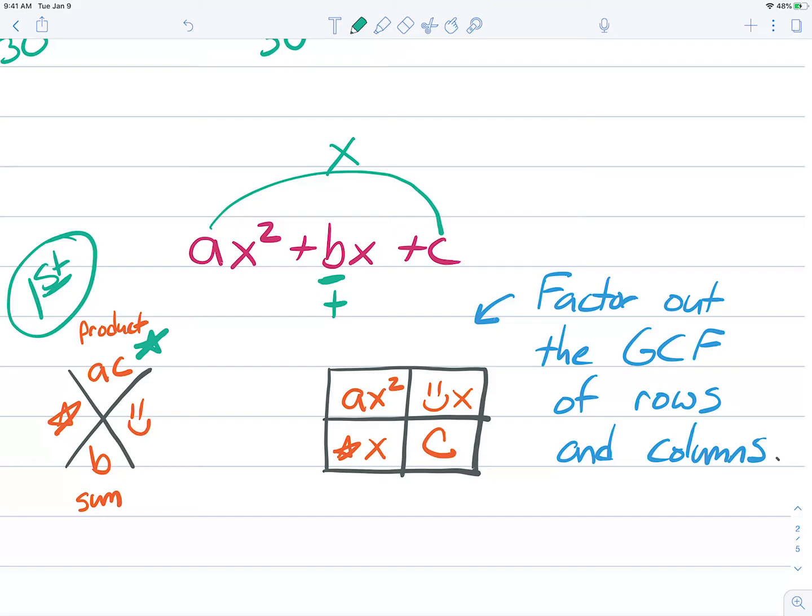Then the second step is you're going to put it into the box. It's kind of like you're going backwards from when we just multiplied binomials. You figured out what the box was, now you need to figure out what you multiplied by. So we're going to factor out the GCF of the rows and the columns.